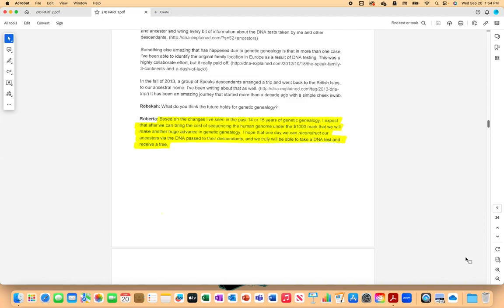Based on the changes I've seen in the past 14 or 15 years of genetic genealogy, I expect that after we can bring the cost of sequencing the human genome under the $1,000 mark, we will make another huge advance in genetic genealogy. I hope that one day we can reconstruct our ancestors via the DNA passed to their descendants, and we truly will be able to take a DNA test and receive a tree.